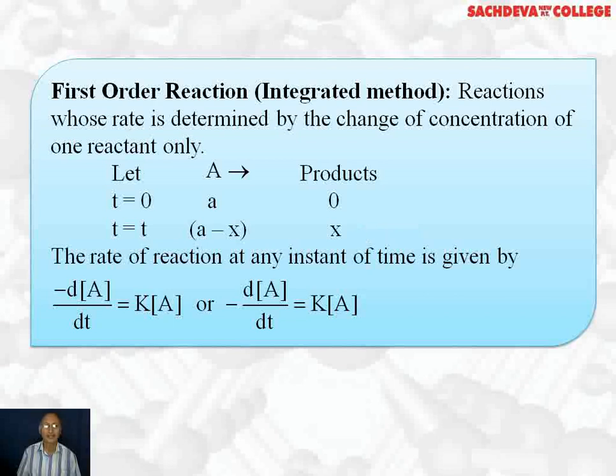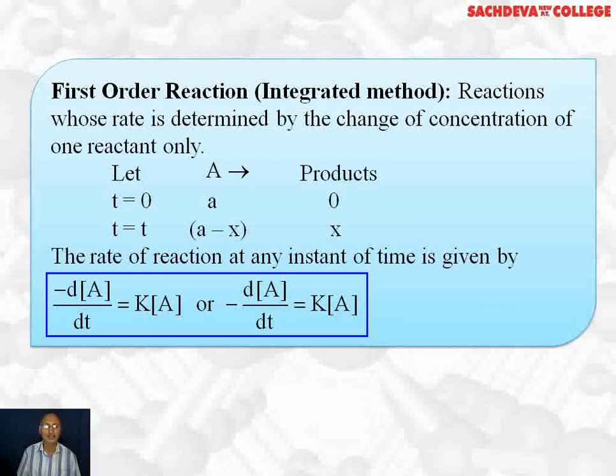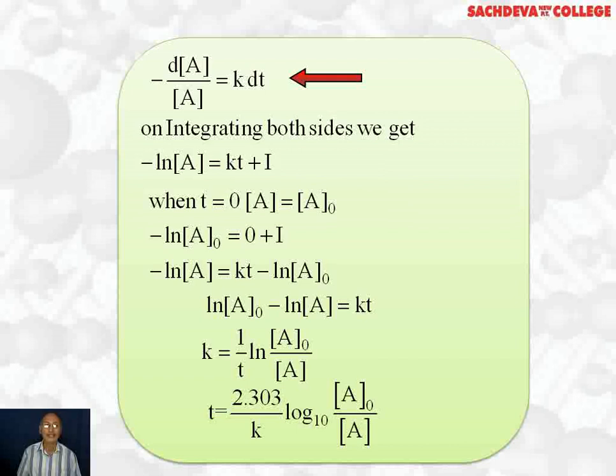So the rate of reaction at any instant of time is given by minus d[A]/dt equals k into molar concentration of A, or minus d[A]/dt equals k[A]. Minus d[A]/[A] equals k dt. Let's integrate both sides. The integral of minus 1/x dx is minus ln x.